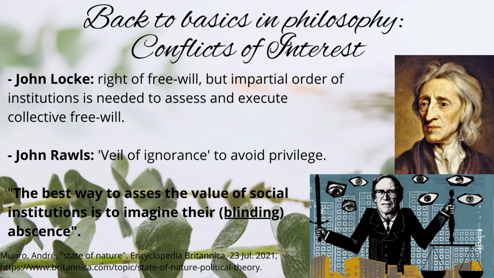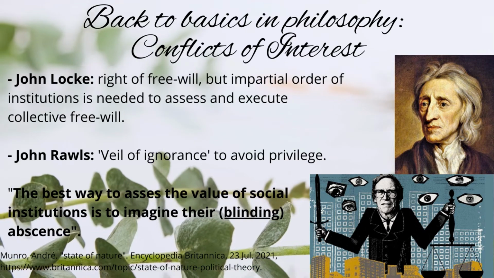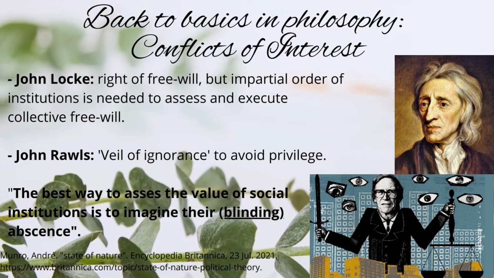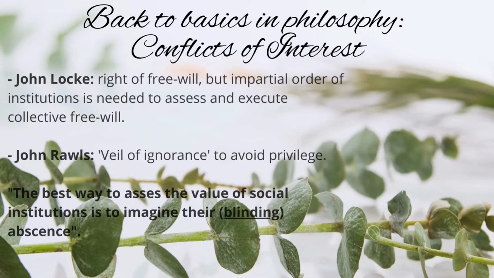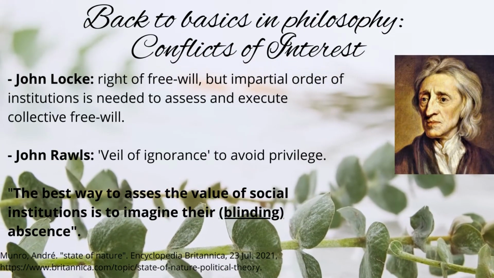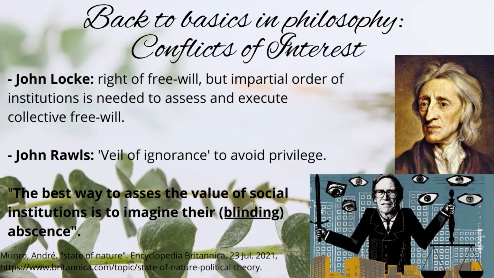Then came John Rawls, an American philosopher who considered John Locke's idea conceivable and fruitful as long as there exists ignorance of power or authority in the reasonable humans that guide the order of peaceful and collective interaction.